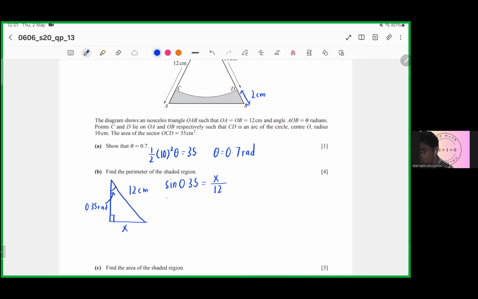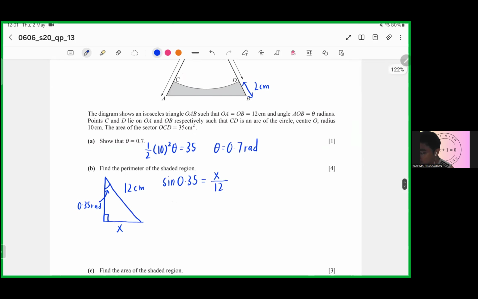Actually you can also put sine bracket, just a minute, put 0.35. You can put in radian form or degree form, but make sure your calculator setting is correct.